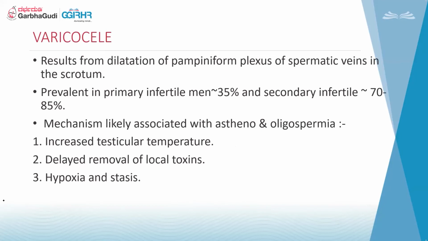Coming to varicocele, it results from dilatation of the pampiniform plexus of the spermatic vein in the scrotum. Prevalence in primary infertile men is around 35%, and in secondary infertile men, 72%. What do you mean by primary infertile and secondary infertile here?